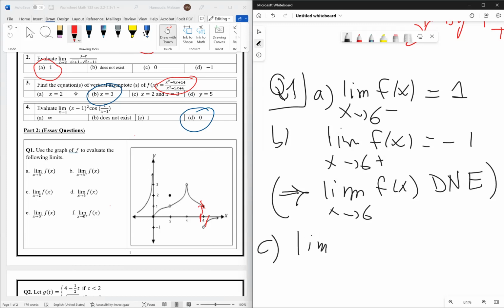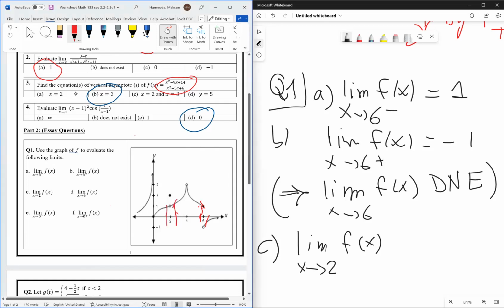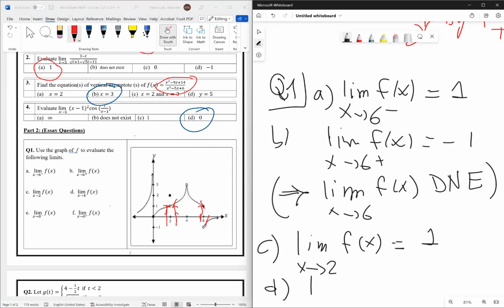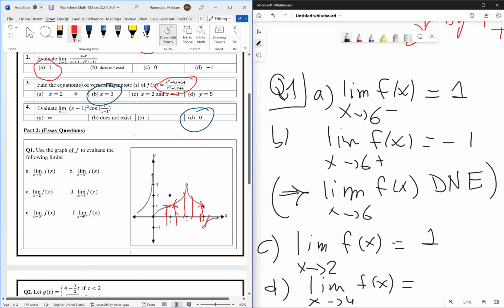Now C, limit f of x when x approaches 2. So I need to see right, left limit. This is 2, right, left in the graph. They meet at the same point, and it is equal to 1. Okay, so that's C. D, limit x approaches 4. Okay, so this is the point 4. I will take right, left, approaching the same value, and this is the limit.